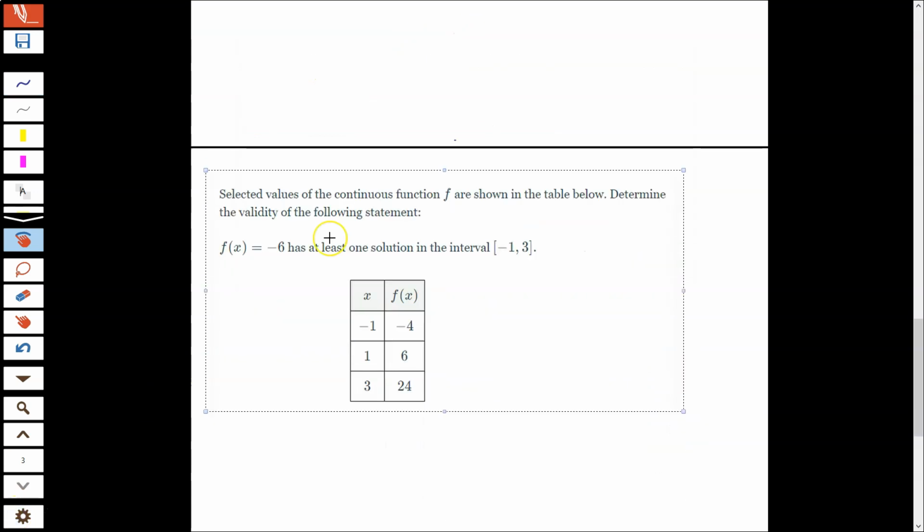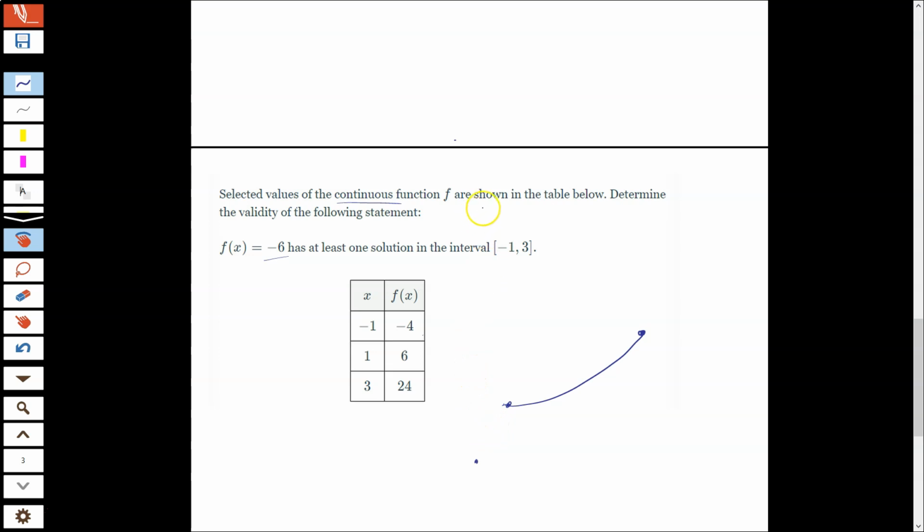Okay, here is another one. First thing we're going to check is whether the function is continuous, and it is. Continuous function f. And then we want to know about this particular statement. This one's a little different than the last one. We have f of x equals -6. Notice -6 falls outside the bounds. Our function, as we see it, goes from -4 to 24. But -6 must be down here, right?